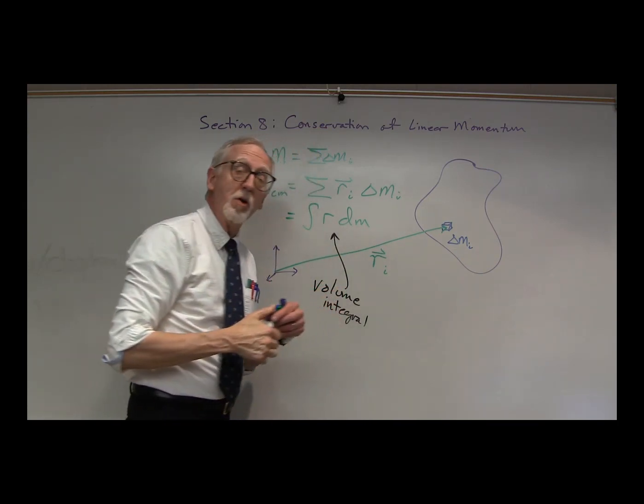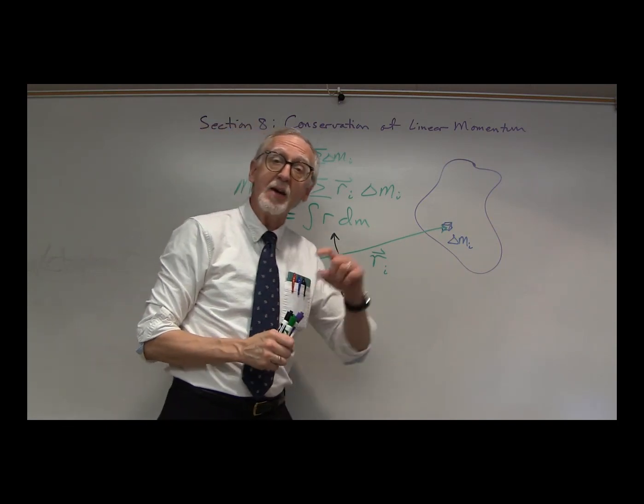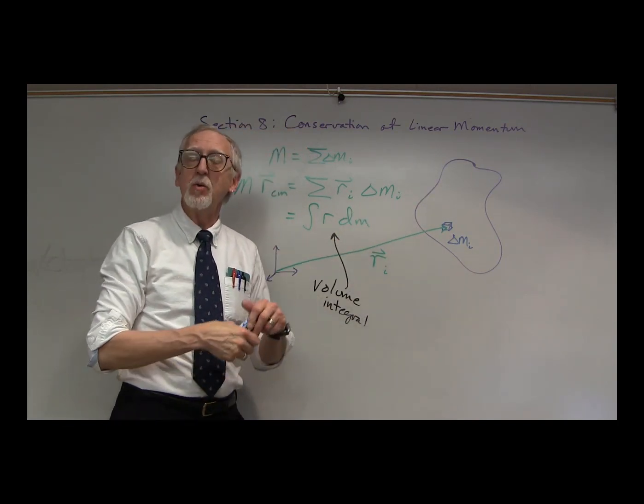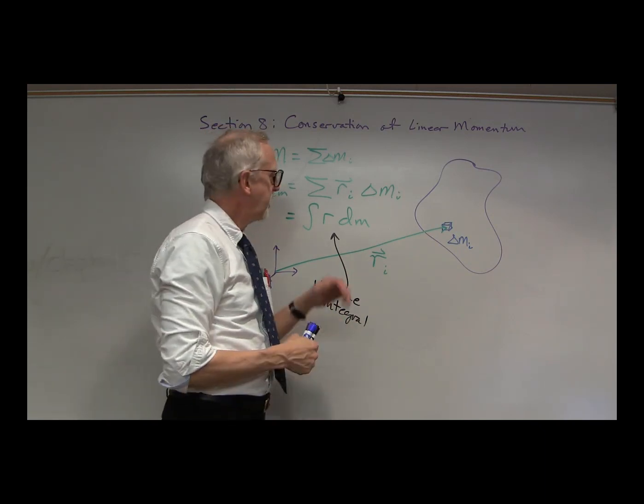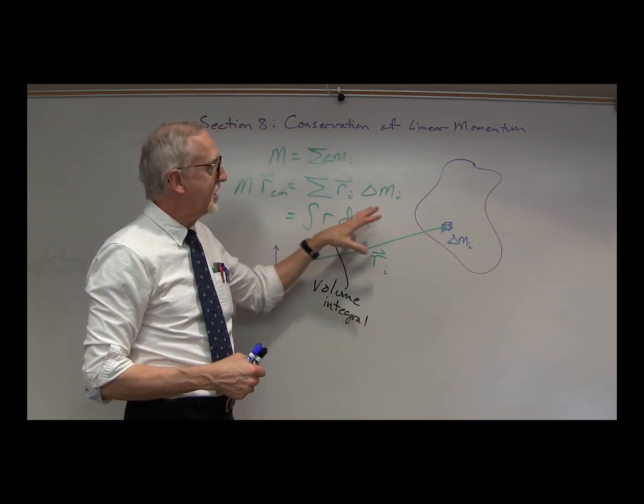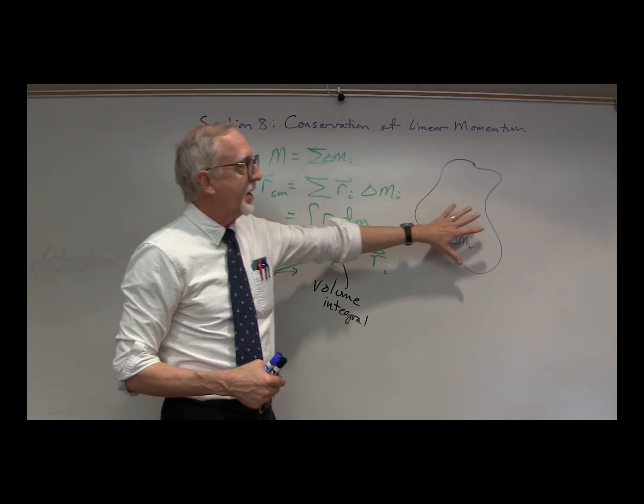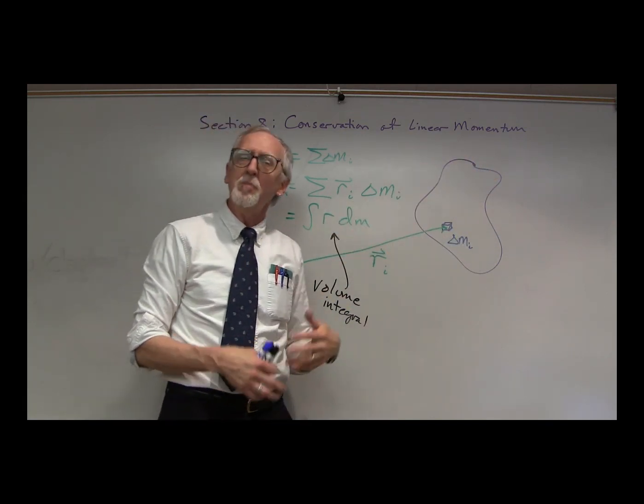So before, when we were looking at work and we had a path that we were integrating over, that was a path integral or a line integral. This is going to be a volume integral. We need to integrate over an entire three-dimensional volume in general.